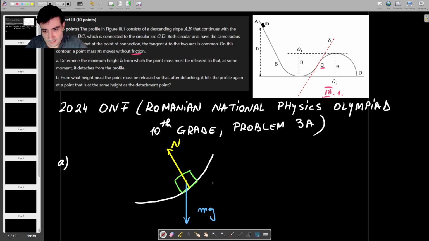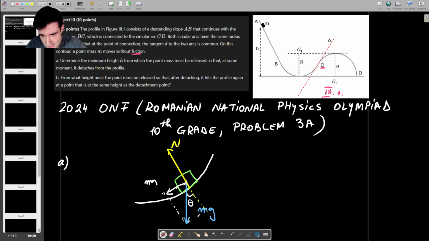The other thing is that I should decompose this weight into two components. We have a component of weight which is parallel to the local slope, which is based on this angle theta.